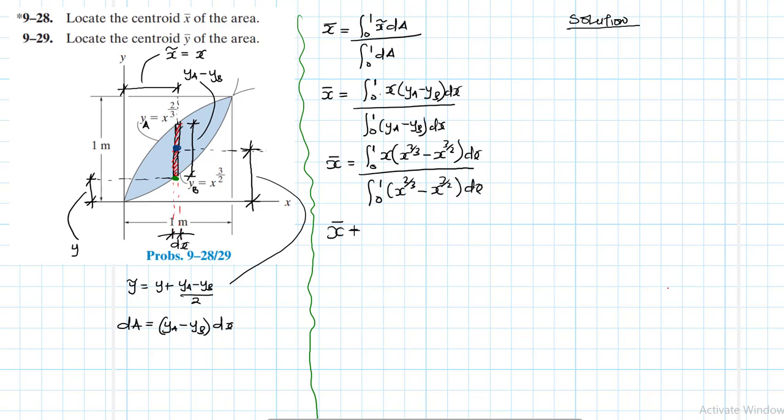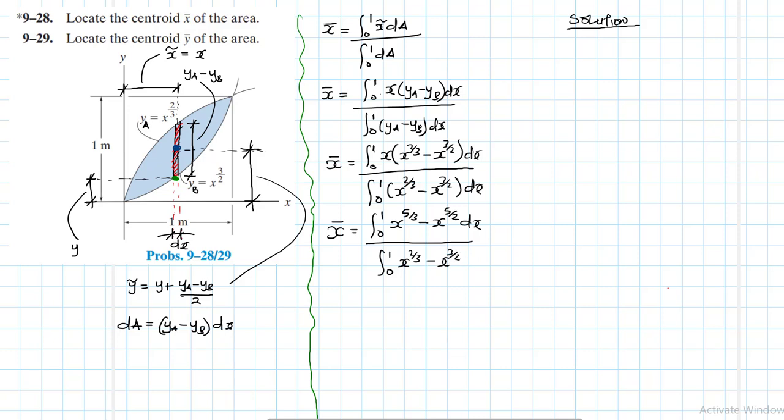And then when we do the multiplication on the top, it will give us x to the power 5 over 3 minus x to the power 5 over 2 dx. Then at the bottom it just remains the way it is.